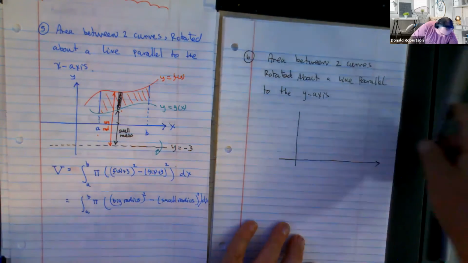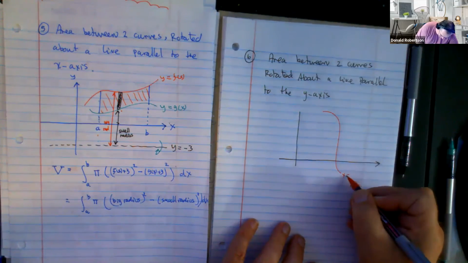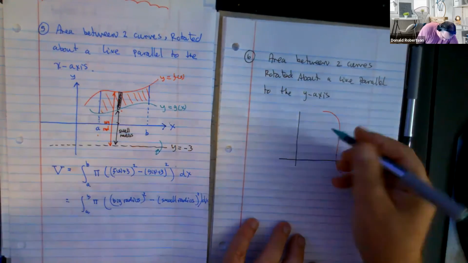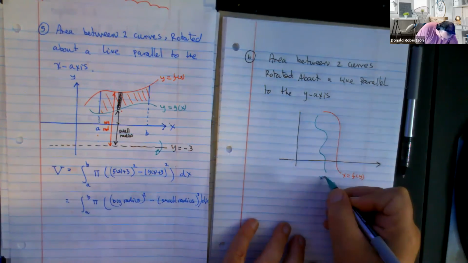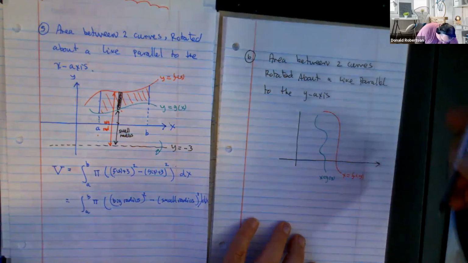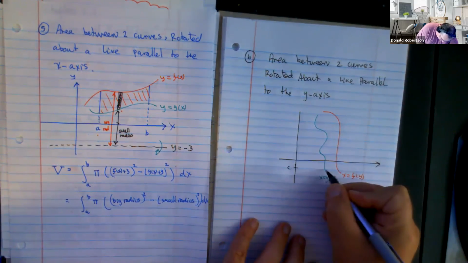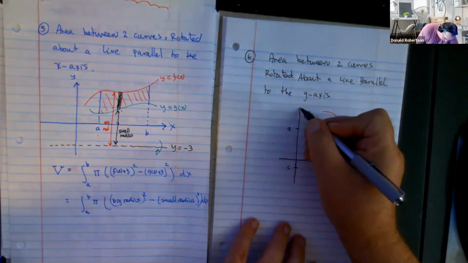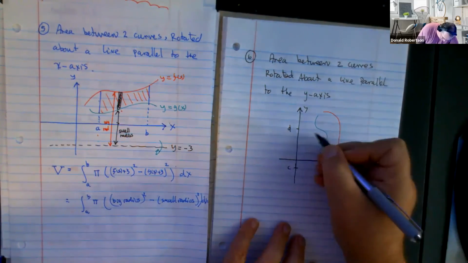So what we're going to have is a function x equals f of y. We have another function x equals g of y. We're going to be starting at some point, call it C, just here. Going to finish at some point, call it D, just here.